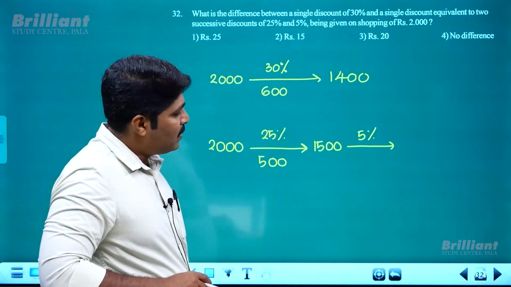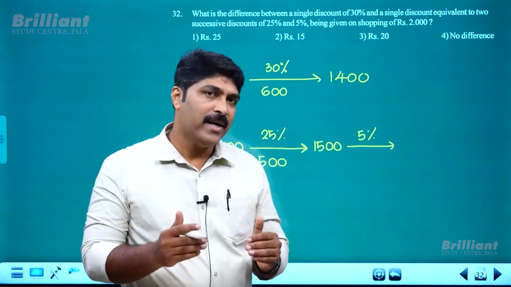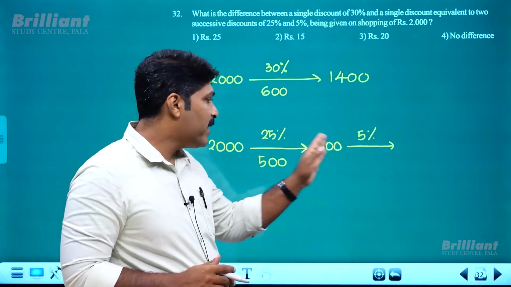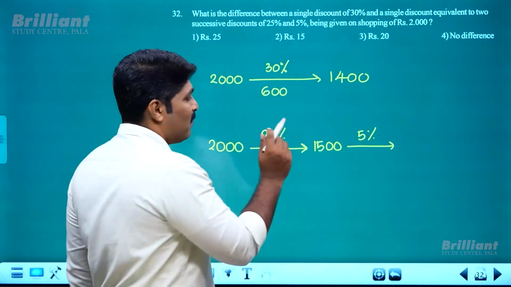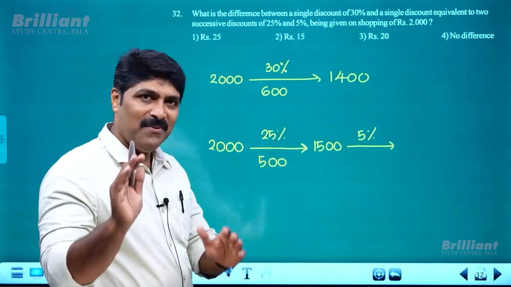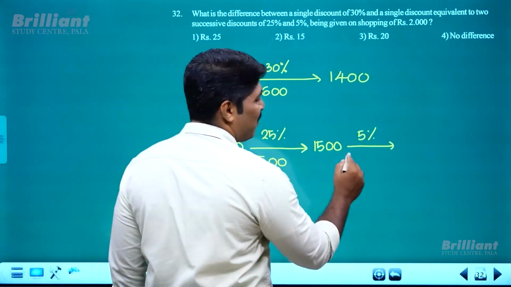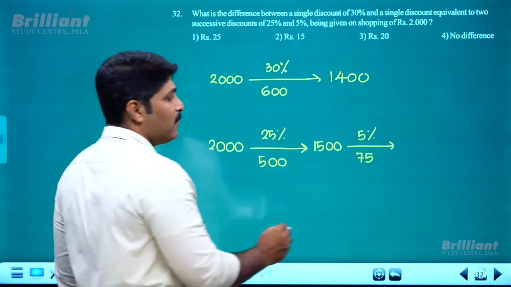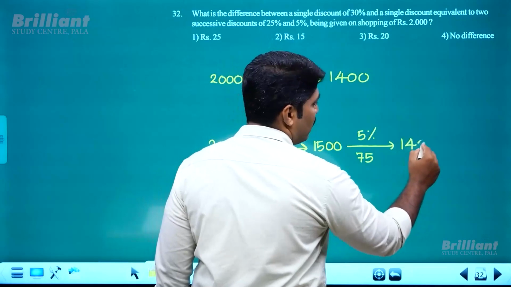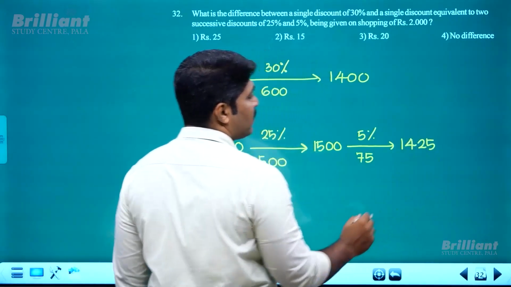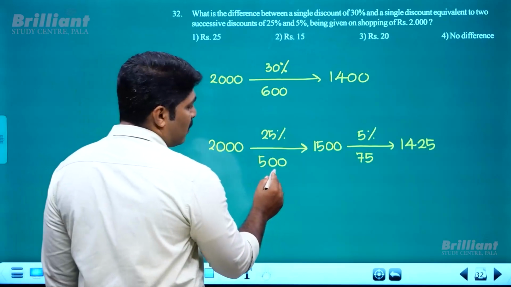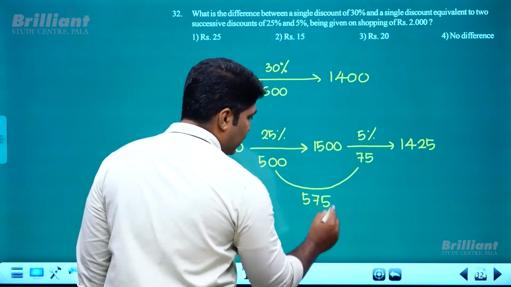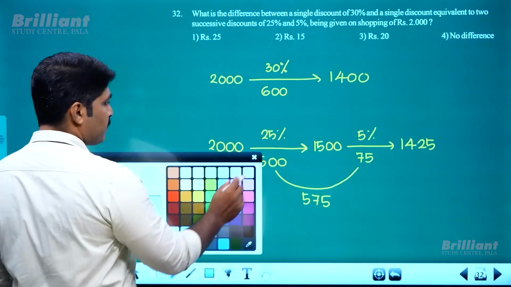You already learned the concept that for 1% of a quantity, or 1% of 1500, you just move the decimal two places towards the left. So 1% is 15. 5 into 15 is 5% of this value. 5 into 15 is how much? That is 75. Then this value is 1425. Actually these final values are irrelevant. Here, what is the total discount received? That is 575.